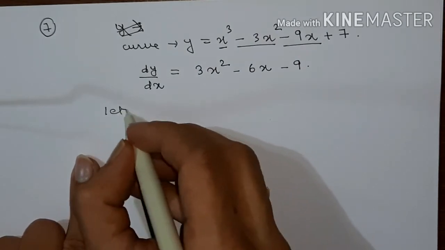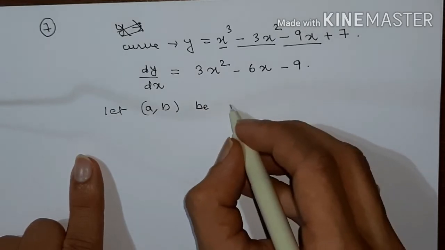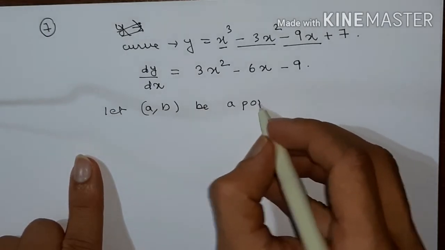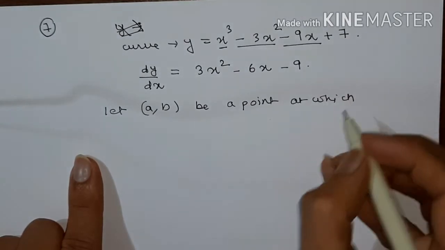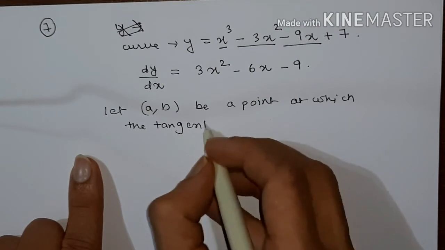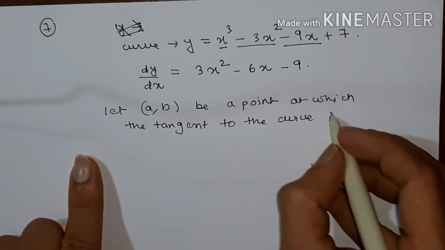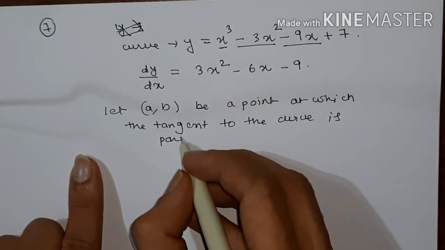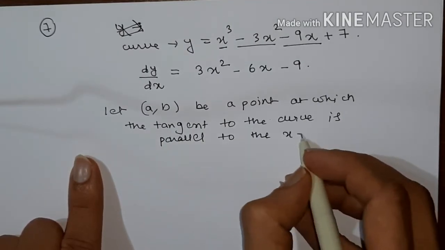So let a comma b be a point at which the tangent to the curve is parallel to the x axis.